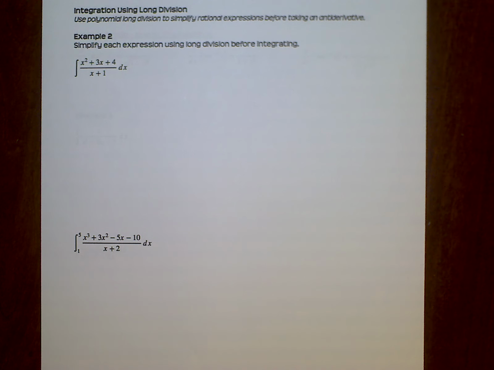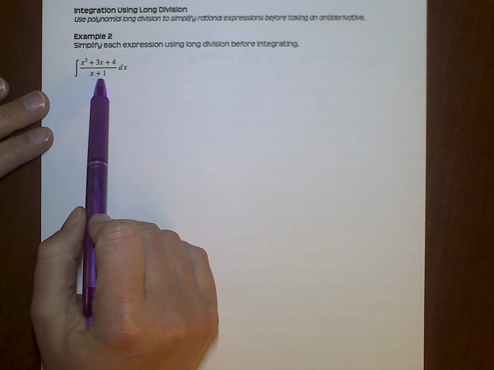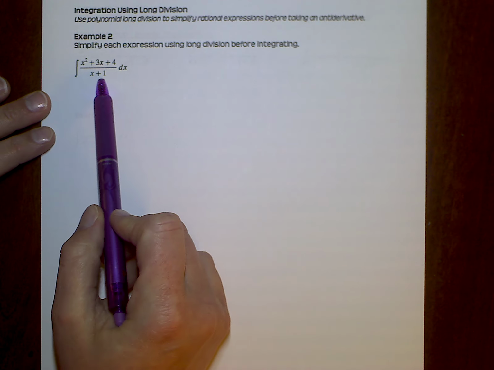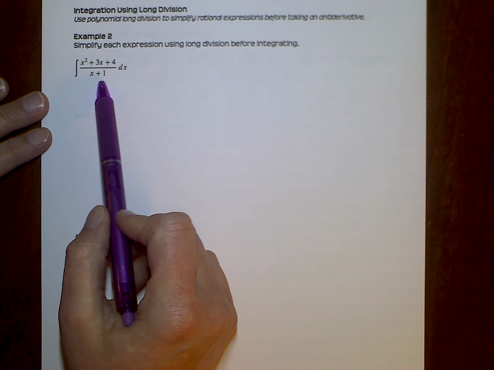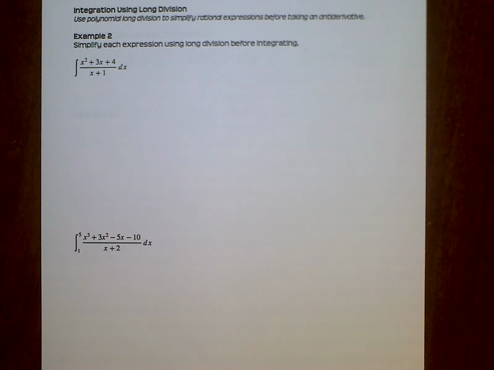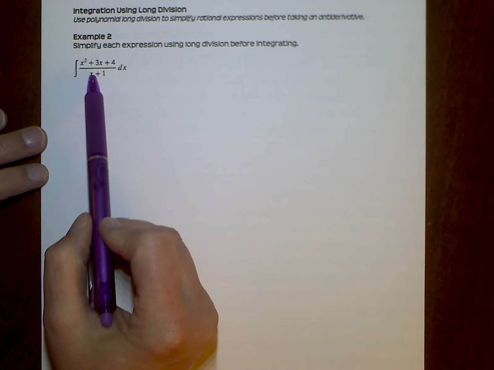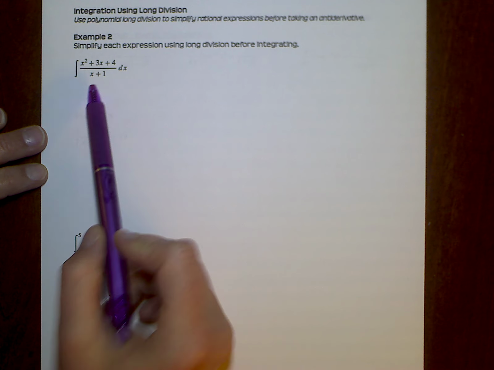So for this first one, right now, this does not look like something that I could integrate easily. I don't recognize that as the derivative of something else. It's also not really a U substitution situation because I'm not seeing that kind of typical function inside a function thing. I don't have anything inside of something else. So this is what I'm trying to integrate.